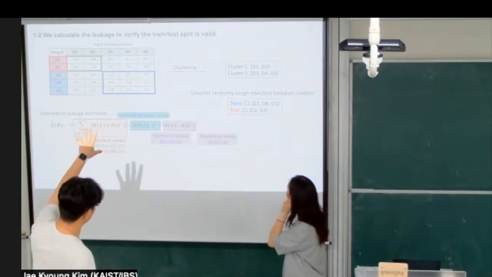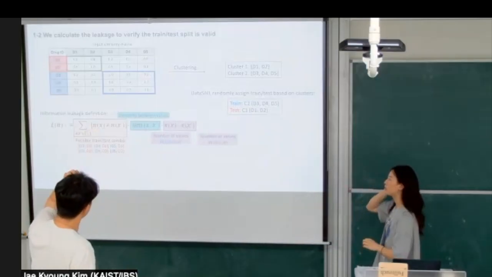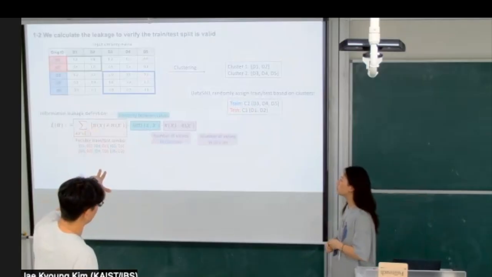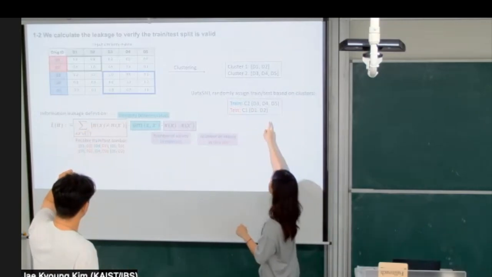This is for any train test set. Yes, that's why it's confusing now. So this definition is for any train test set. Yes, but I was giving an example for this.